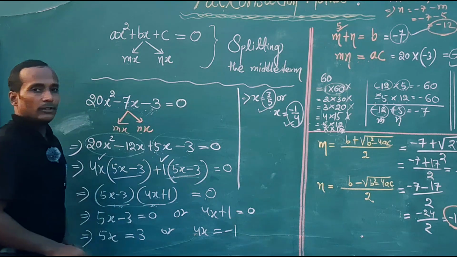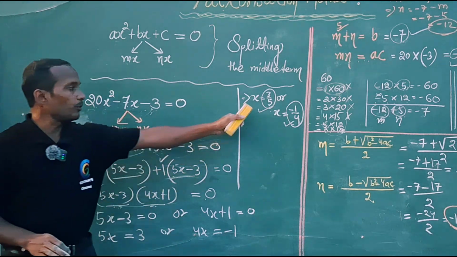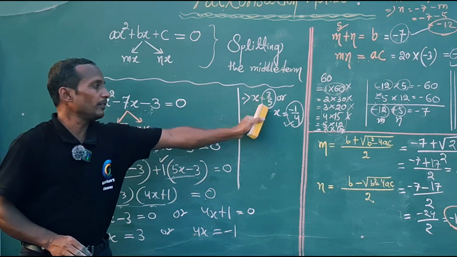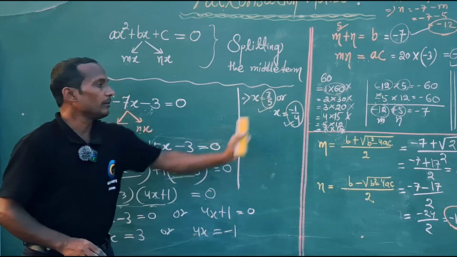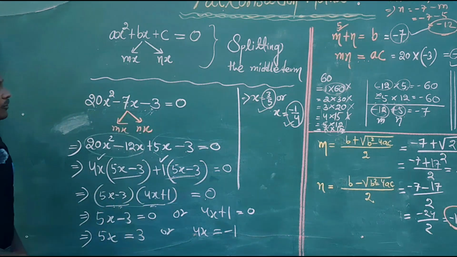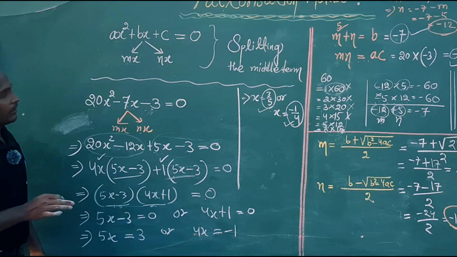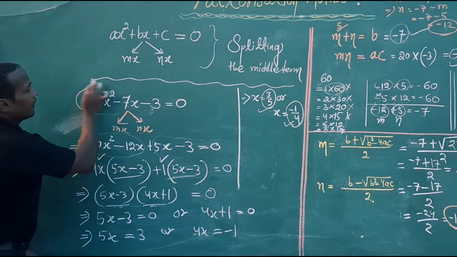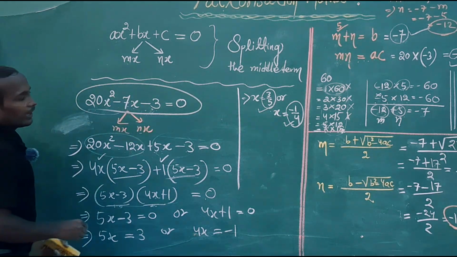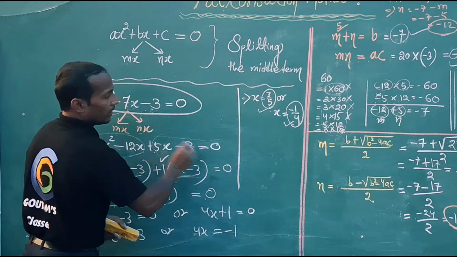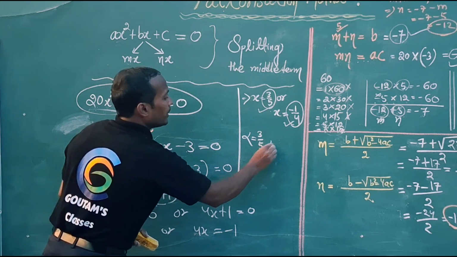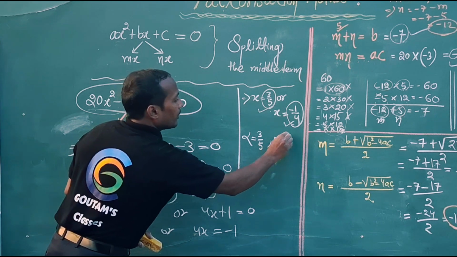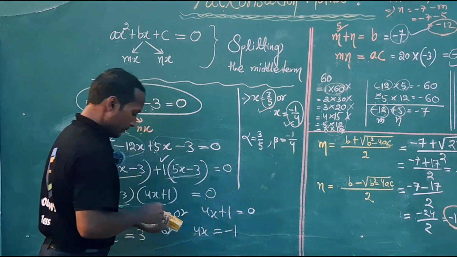These two roots are your alpha and beta. One root is alpha, one is beta. You can take 3 by 5 as alpha, minus 1 by 4 as beta, or minus 1 by 4 as alpha, 3 by 5 as beta. So by applying the factorization method, we solved this quadratic equation and found its solution. Alpha is 3 by 5 and beta is minus 1 by 4.